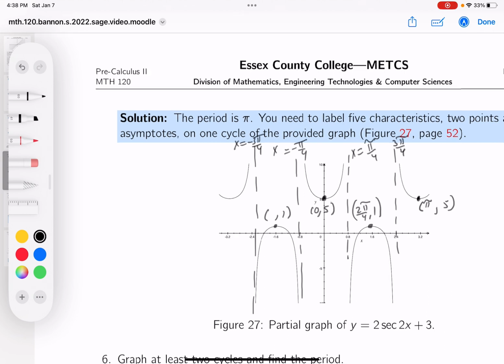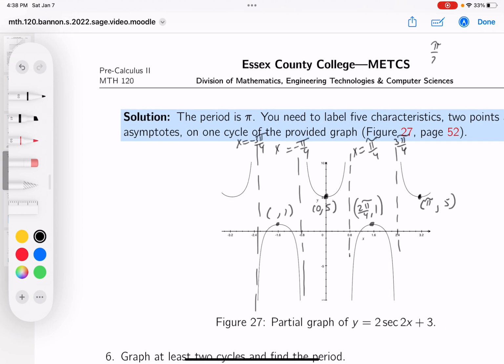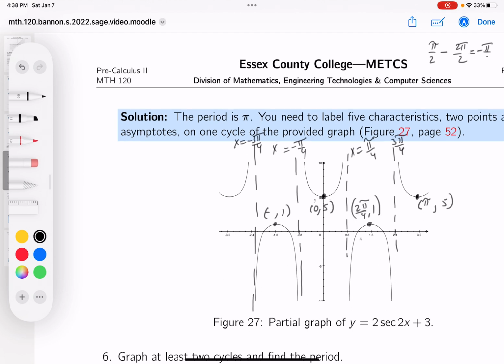So 2 pi over 4 is pi over 2, right? And you're moving down pi. That would be 2 pi over 2. So what's this going to be over here? Minus pi over 2, which is minus 2 pi over 4. We're expecting that, by the way. What are we expecting over here? Minus pi, comma 5.